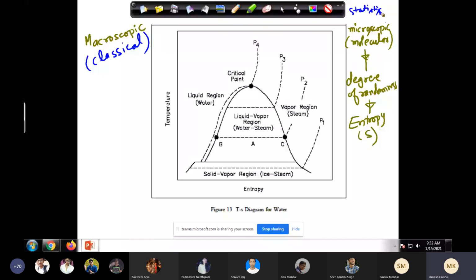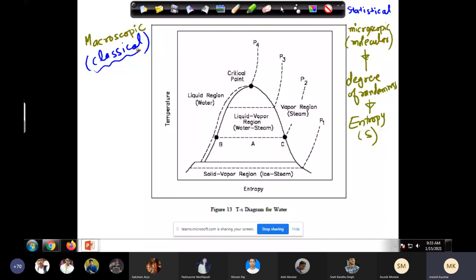Anyway, what we are doing is classical thermodynamics. In this, entropy is defined this way.